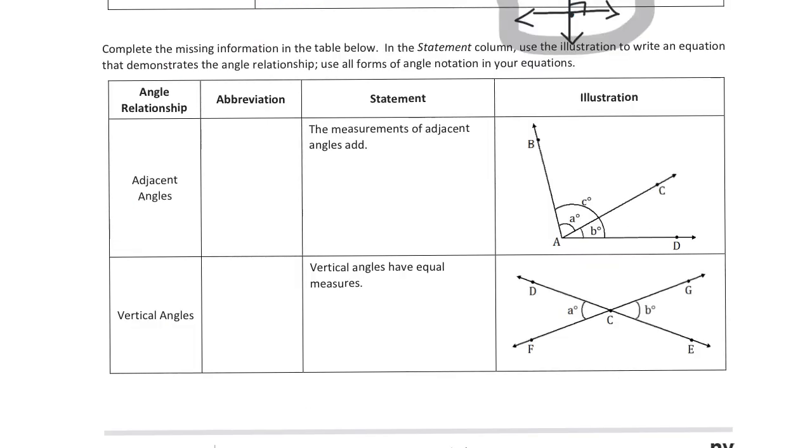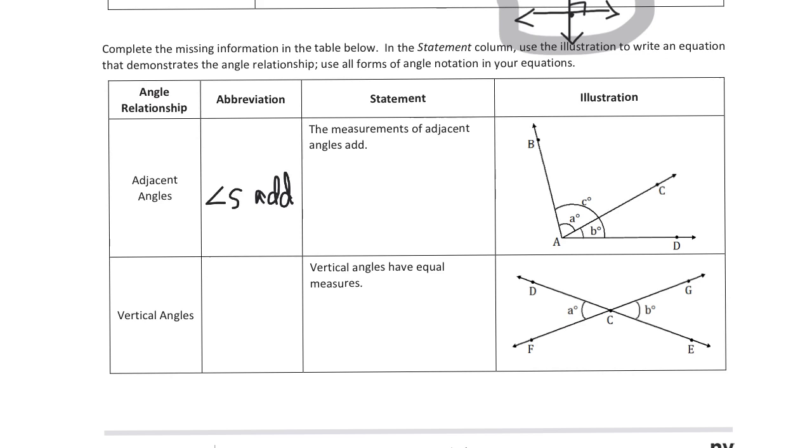Okay, it's asking us to complete some information in the table below just to help with your understanding. When referring to adjacent angles, sometimes people will use the abbreviation angle symbol plus an S, and then ADJ for adjacent angles.